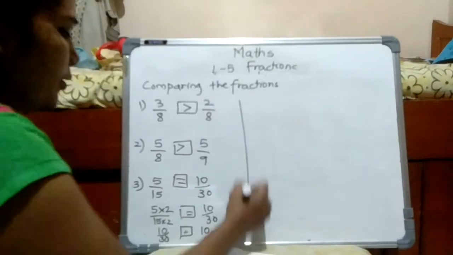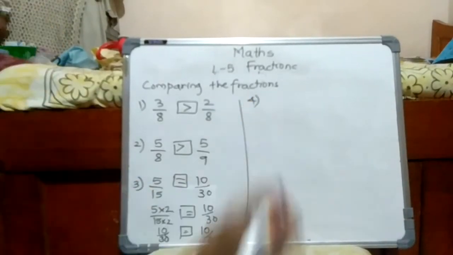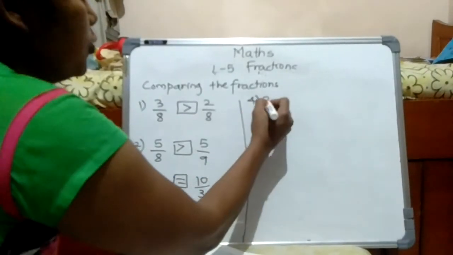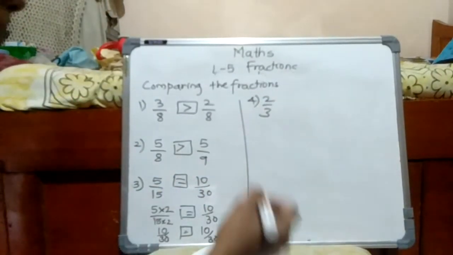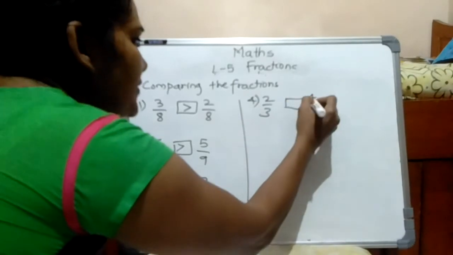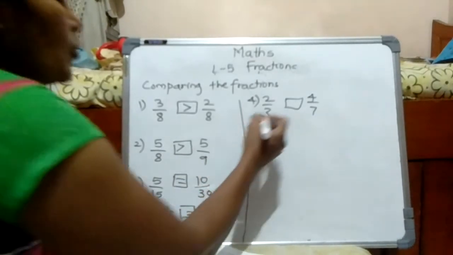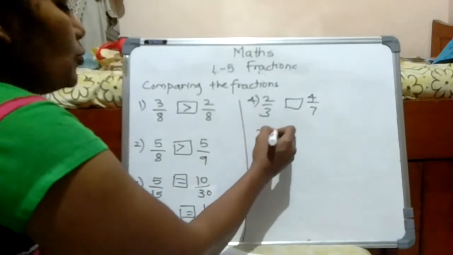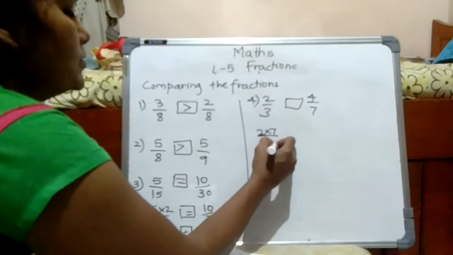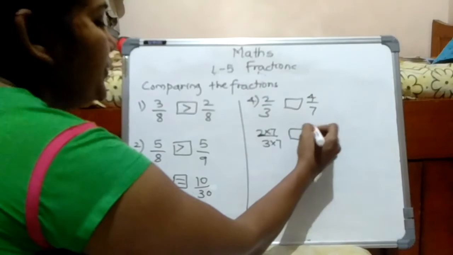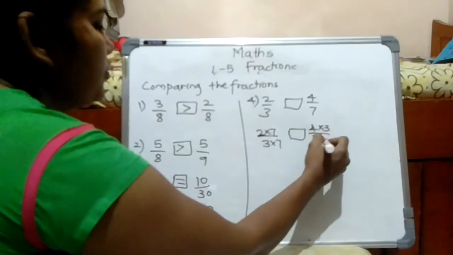Now one more we will do so that you will easily understand. Here 2 upon 3 and 4 upon 7. This is all unlike fractions, but we have to first convert them into like fractions and then compare. Now this will become 2 into 7, 3 into 7. Box over here, 4 into 3, 7 into 3.